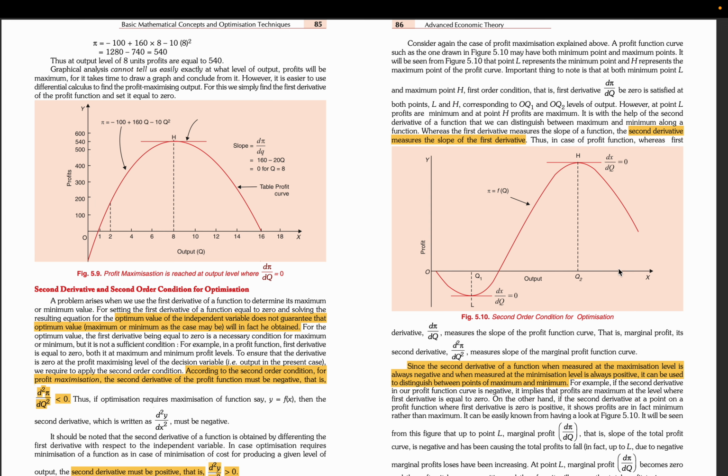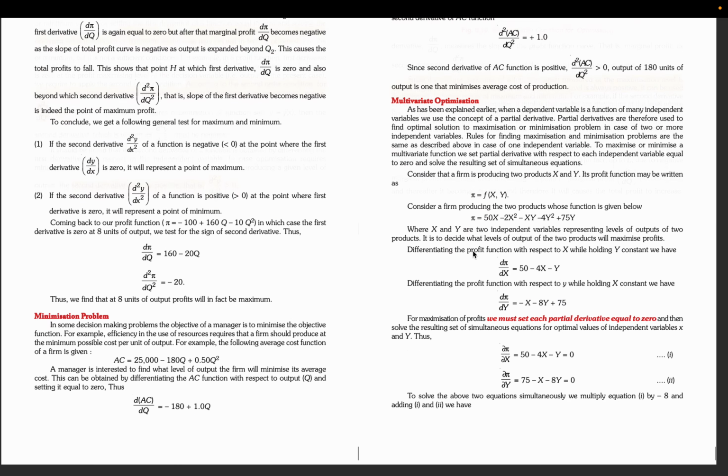As you increase output, the first derivative becomes negative beyond Q2. This causes the total profits to fall. This shows that point H is where the first derivative is 0, and also beyond which the second derivative, that is slope of the first derivative, becomes negative, so it is indeed the point of maximum profit.